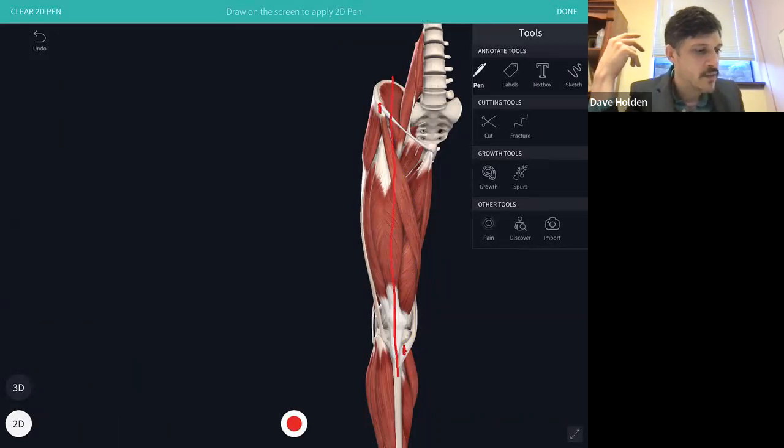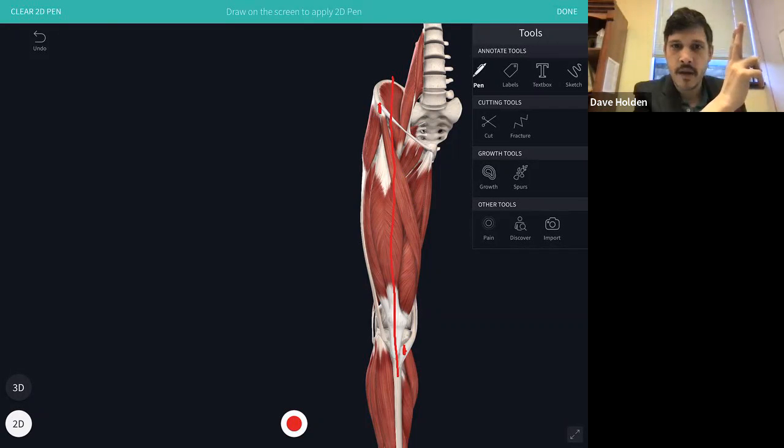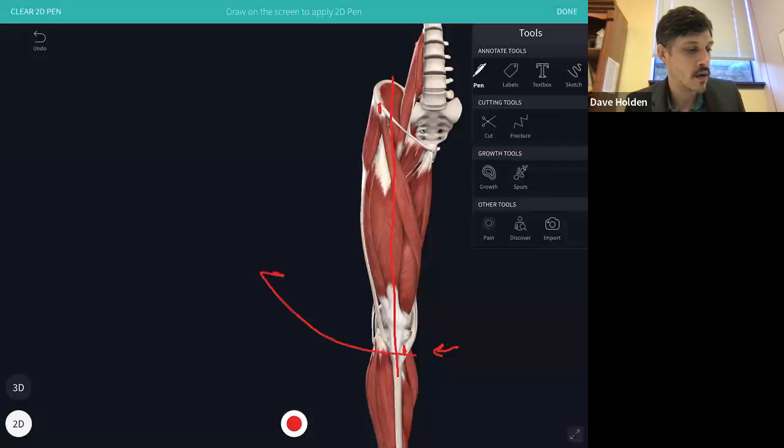When I draw my line, we'll notice origin is lateral, insertion is medial. So when this muscle contracts and pulls its insertion towards its origin, it's going to cause the leg to swing outward, which is abduction. Abduction of the hip. Good.